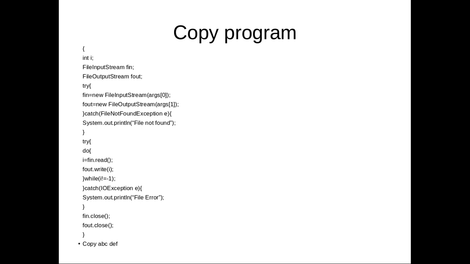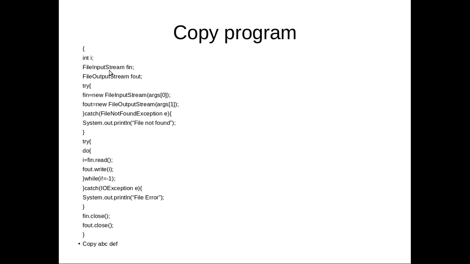After executing this program, the entire content of ABC is copied to DEF. Now DEF is an exact replica of ABC. So ABC and DEF are two file names, and in Java command line arguments, ABC is args[0] and DEF is args[1]. Those are treated as command line arguments.